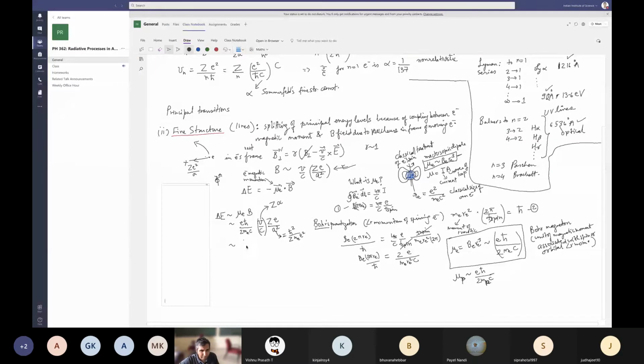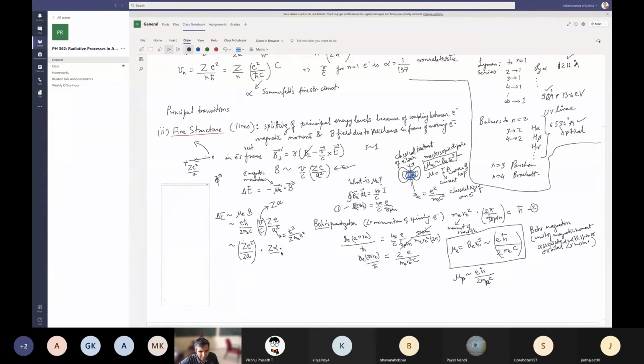So what do we get? We have Ze squared by 2a. We know this, this is nothing but the energy of the orbit. Ze squared by 2a, and we have v by c, which is nothing but Z alpha times 1 by a.